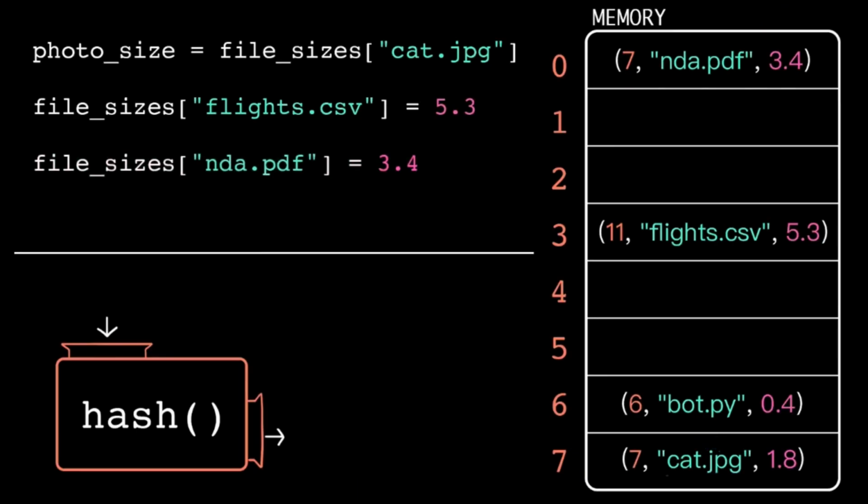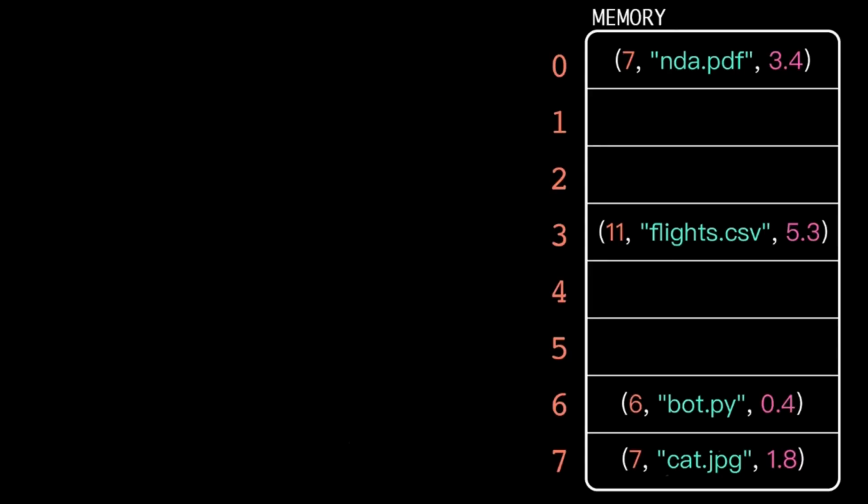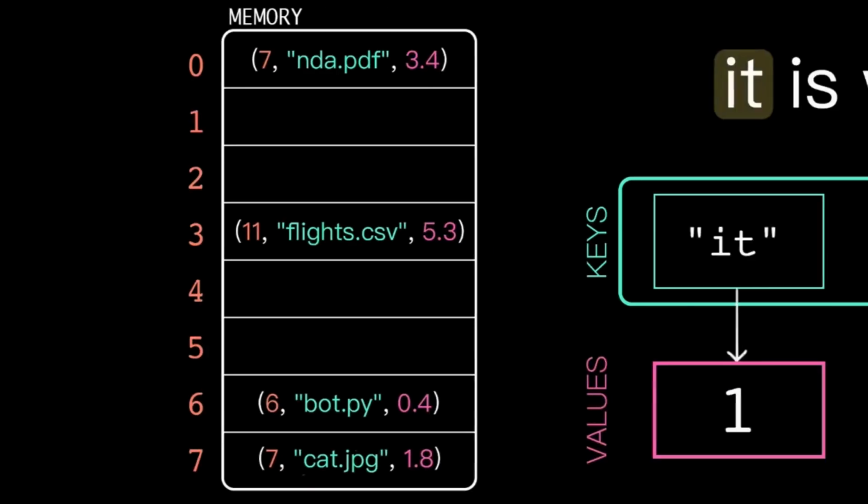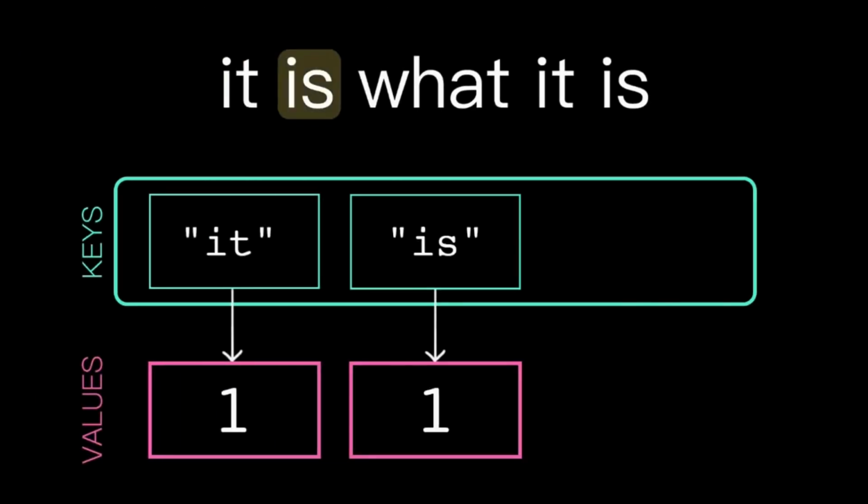And unlike our simplified length algorithm, the actual Python hashing algorithm tries to minimize the number of collisions in the first place. And on top of all that, if the list in memory starts to get somewhat full, the computer will allocate a new, larger list and copy all of the items over, which gives it more space to spread out.